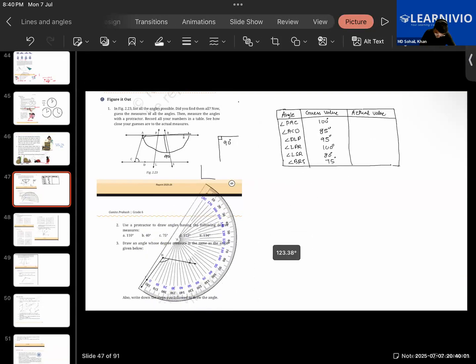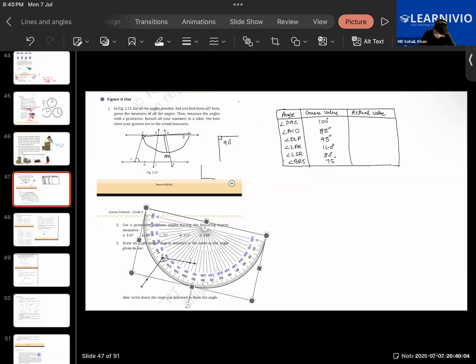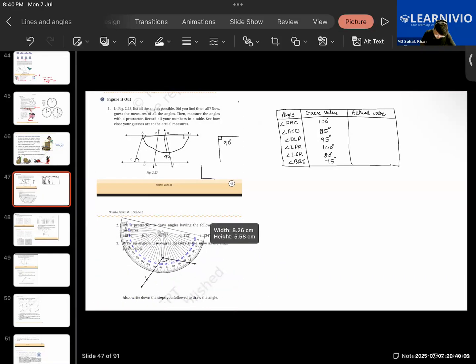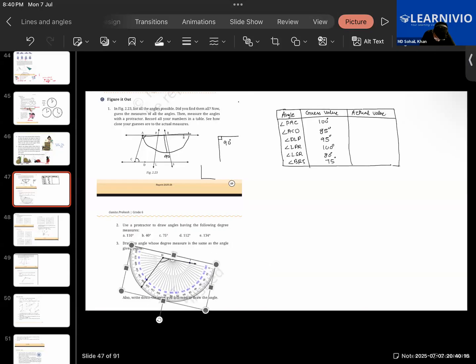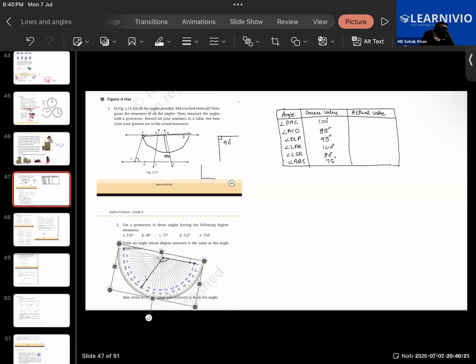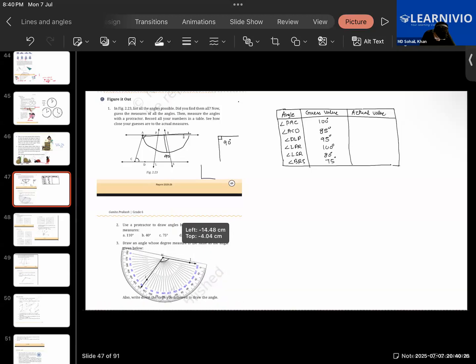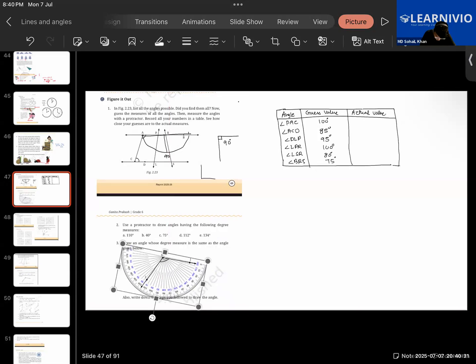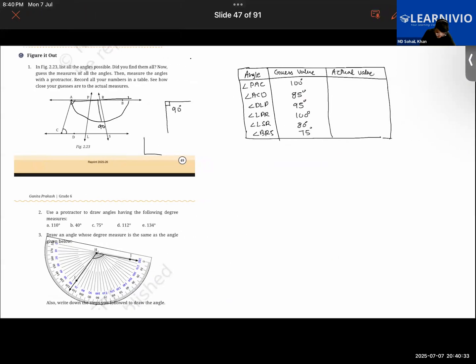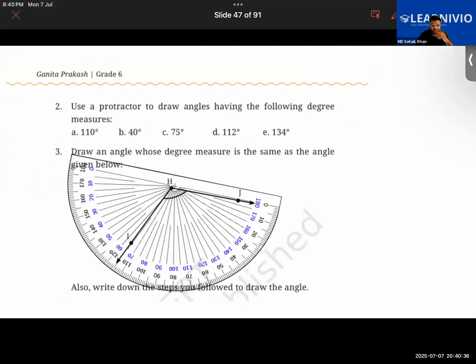You also find out the measurement. Take the measurement and let me know what values you are getting.